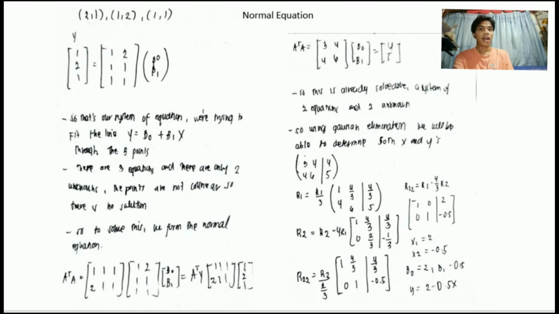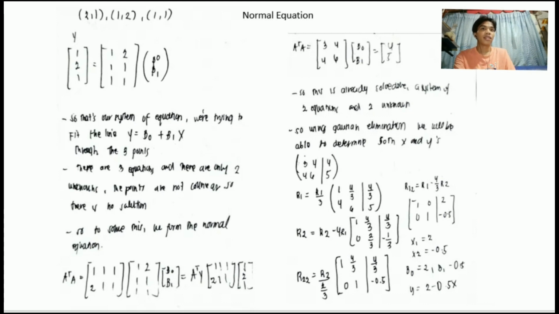After that, we also get the A transpose and multiply it also to our y, which is 1, 2, 1. So we have here the product after multiplying the A transpose to A, which is 6 and 5.